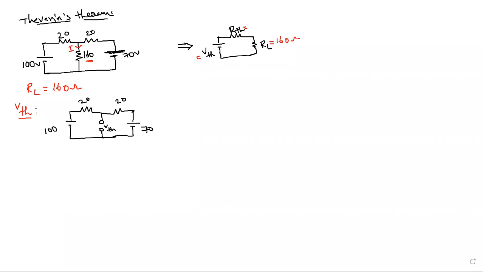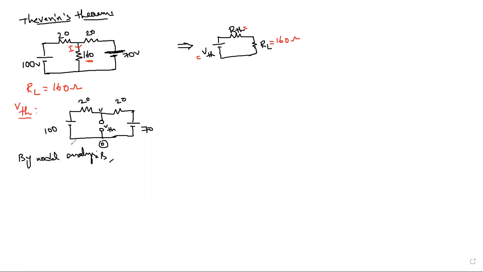So simply you can apply your nodal analysis, where you have the node voltage capital V. There is only one node, right? Here you have one node, and this is your zeroth node. So your node equation is by applying nodal analysis. You need to write in the exam which method you are applying.